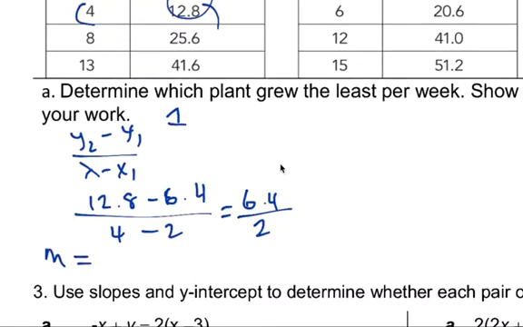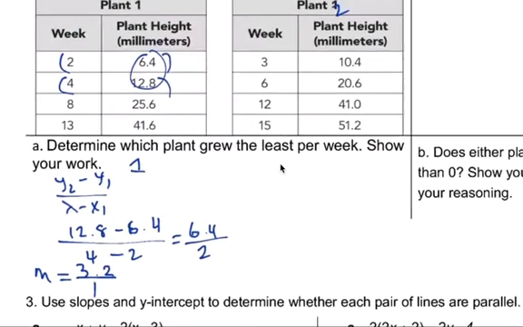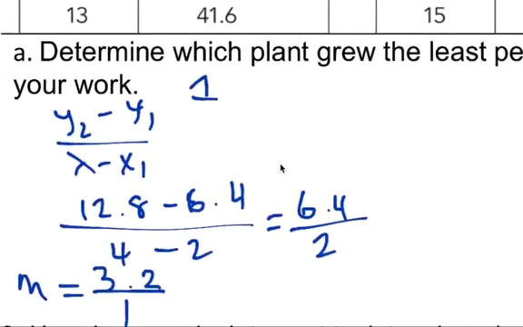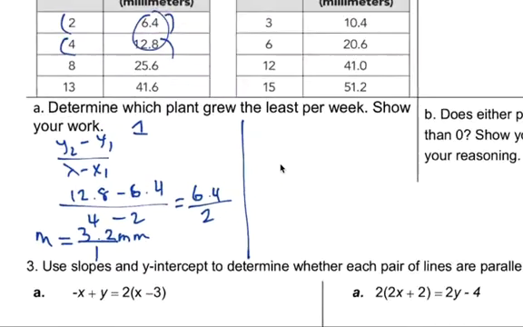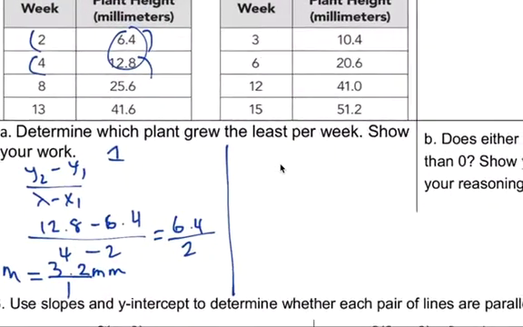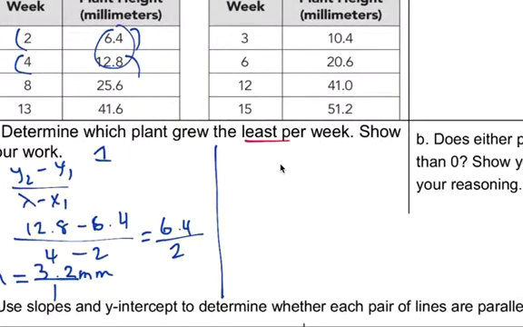The rate for plant 1 is 3.2 each week. 3.2 what? Millimeters per week. Okay, plant number 2. Do it in red. Same thing. We'll find out which is the least. You find out which one grew the least, okay?